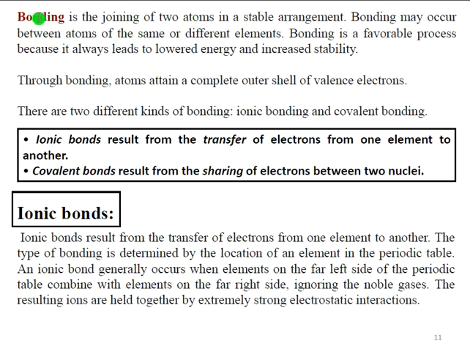And here is another definition for bonding, the same thing. There are two different kinds of bonding: ionic bonding and covalent bonding. We will learn in the next slide what the ionic bonds and the covalent bonds mean.